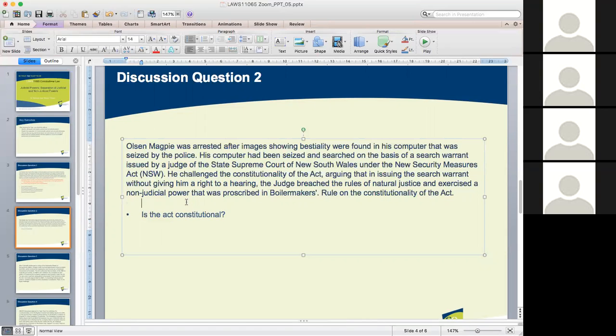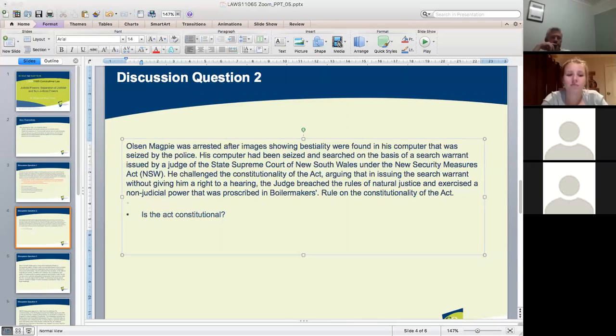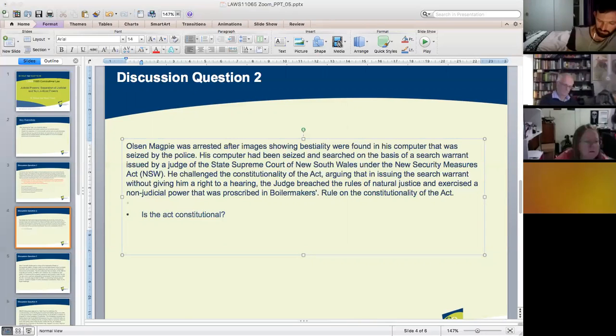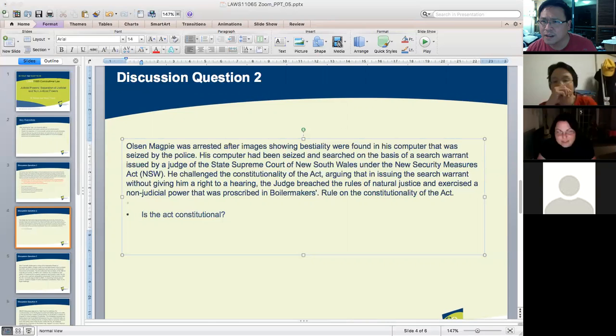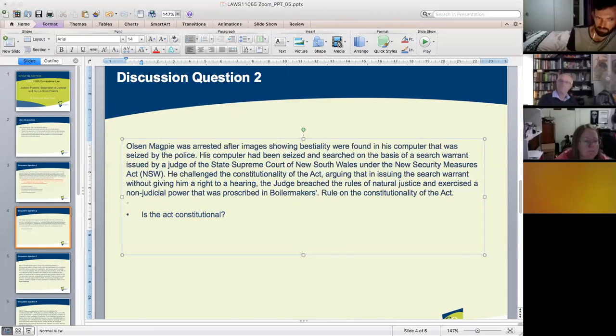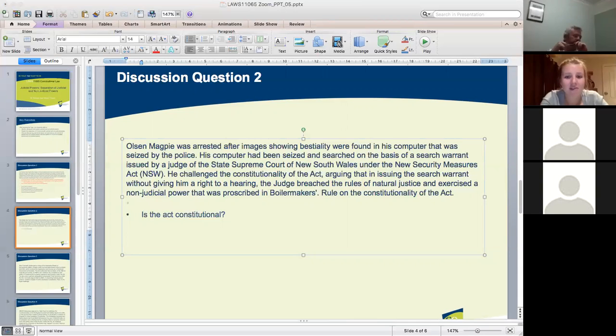Can I try? That's Justice. Yes, go ahead, please. I think we can ask a similar question like we asked in question 1, which is, is a state Supreme Court judge exercising non-judicial or judicial powers in issuing a warrant of arrest?